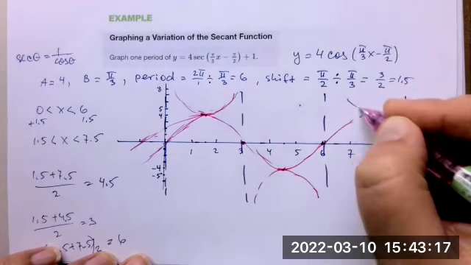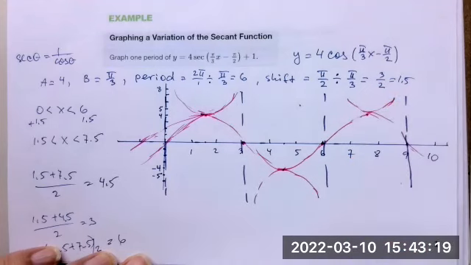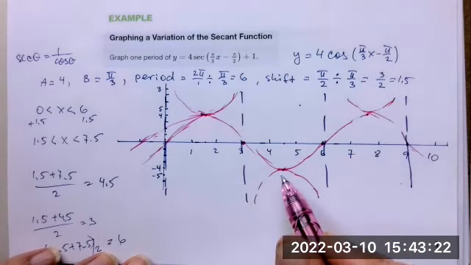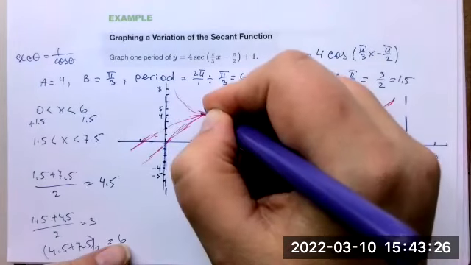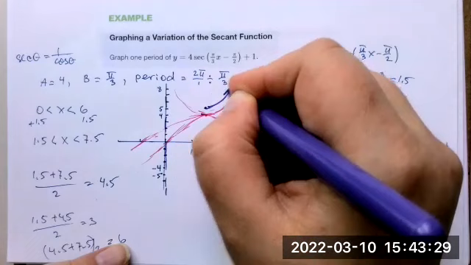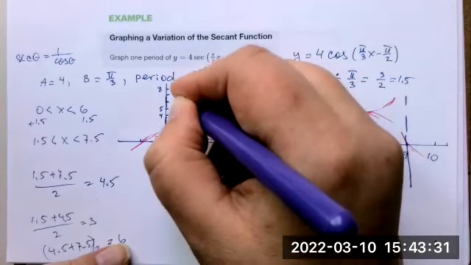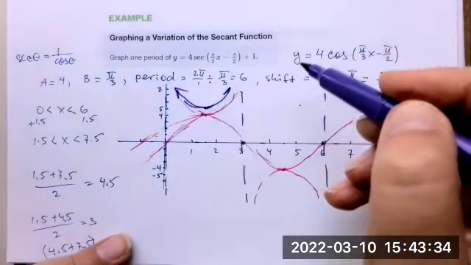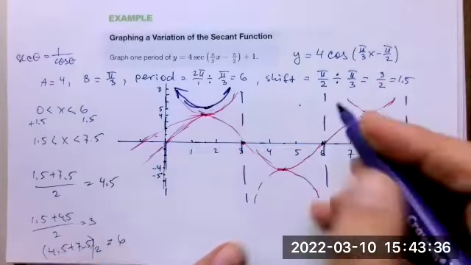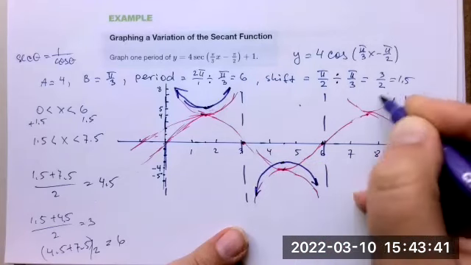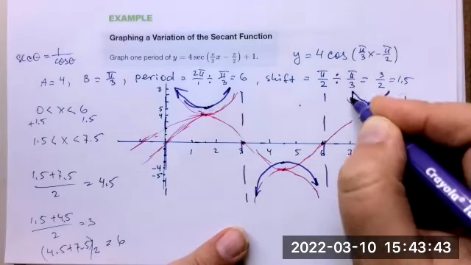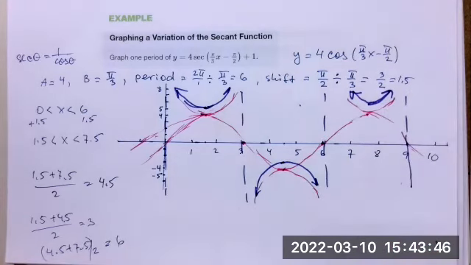And now from this point on, I can move these up by 1 unit. Now this is going to be the graph of the secant function, 1 up like this, 1 up. So now this is the graph of my secant function.